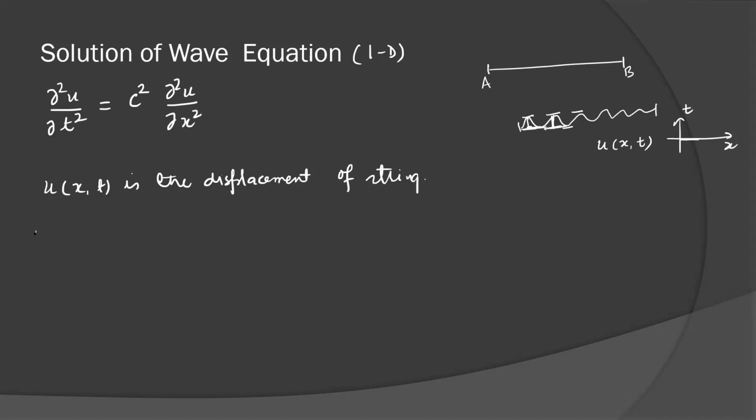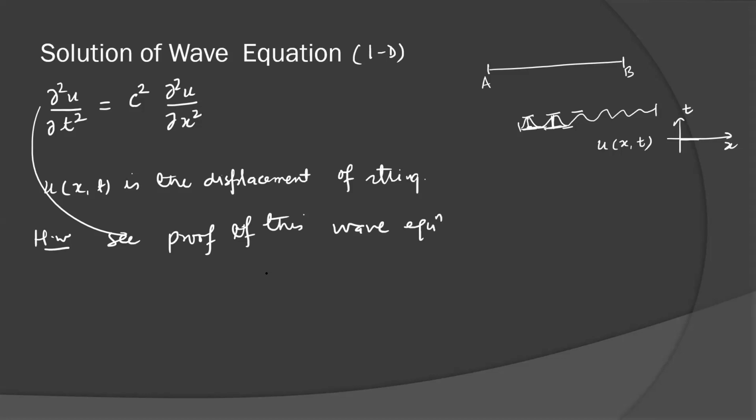I am giving you a homework. See the proof of this wave equation, from where this equation is coming. You can follow Professor Jain and Iyengar's book or B.S. Grewal's book.